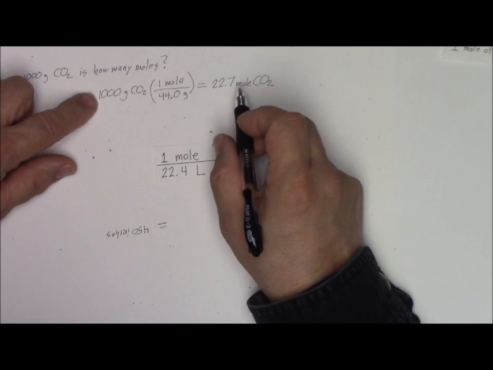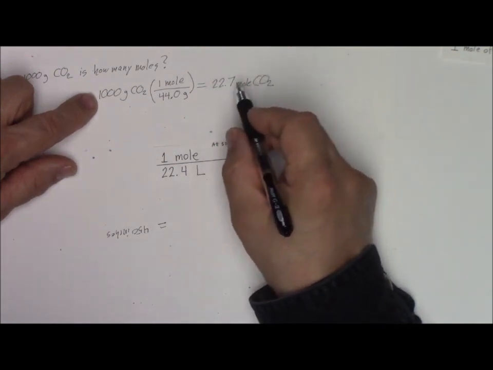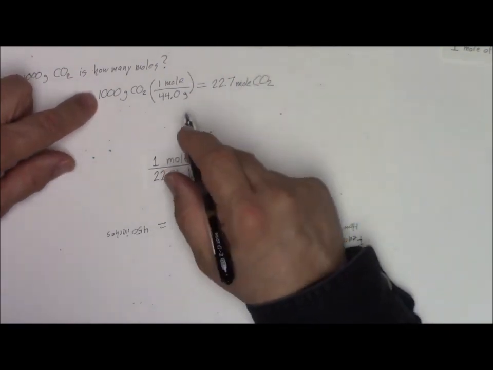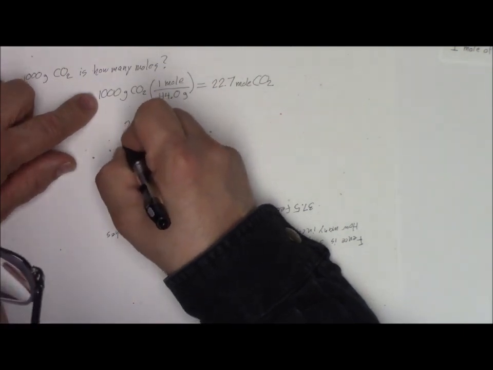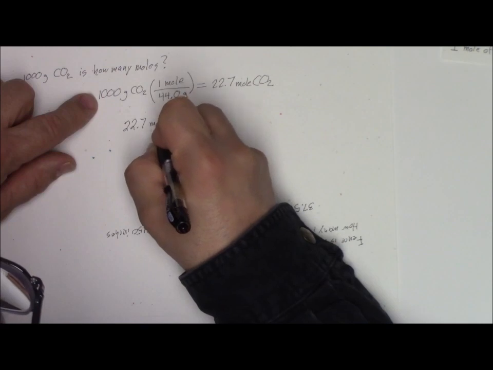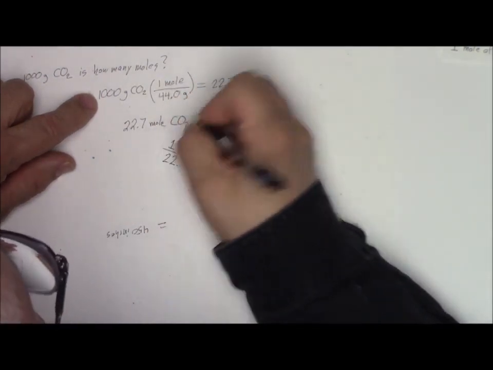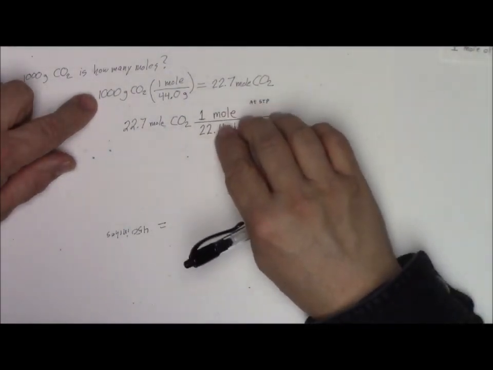The question is, what volume of gas would 22.7 moles of CO2 occupy? Well, let's write down what we know. 22.7 moles of CO2.